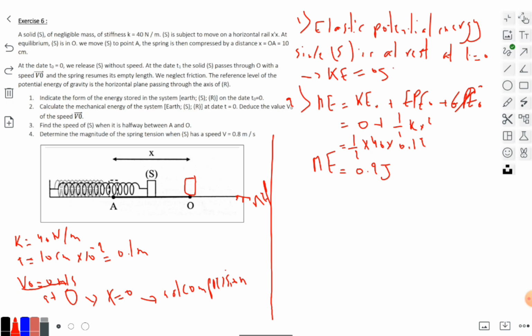Deduce the value V0 of the speed at T1, x equals 0, so EPE equals 0. And in this exercise, friction equals 0, then mechanical energy is conserved.